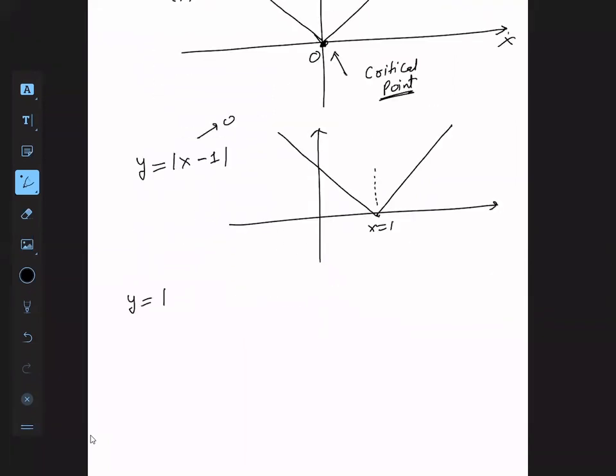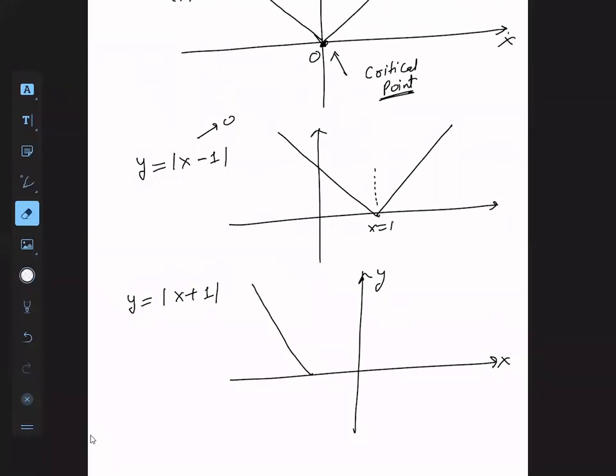What if I have to draw the graph of modulus of x plus 1? Then the critical point is minus 1. So the vertex is shifted to x equal to minus 1.